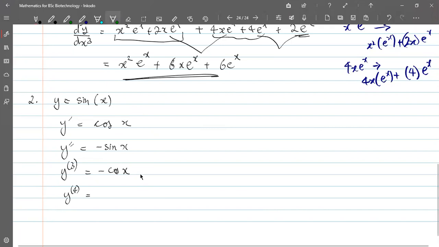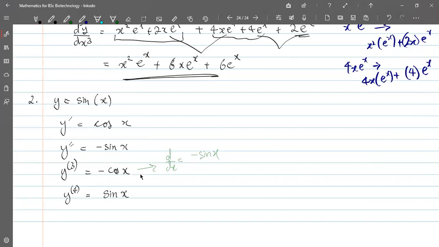Cos x's derivative is minus sin x, right? But there is already a minus here. So you get minus of minus sin x, which is plus sin x, which is actually equal to y itself, right?